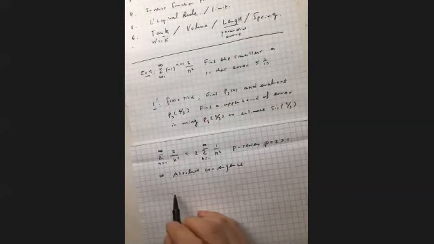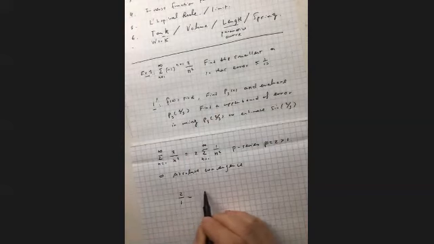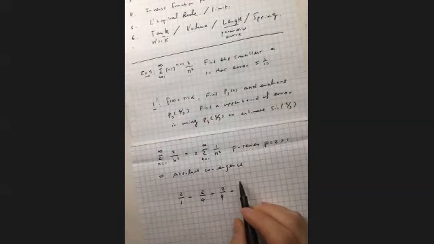So when n equals 1, let's see the summation here. The first term is when n equals 1, and that corresponds to 2/1. Minus 2/2² is 2/4. The third term is a plus, is 2/9. And the next term is 2/16.